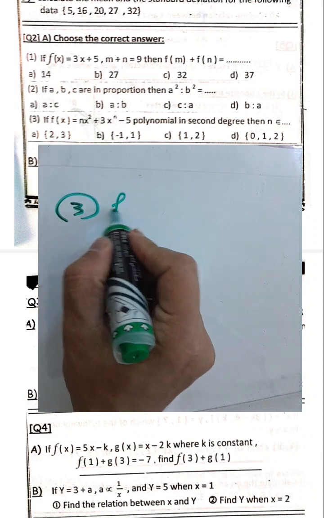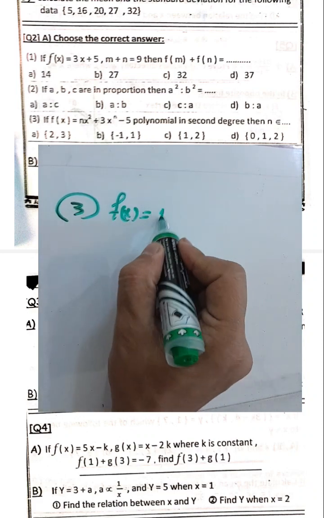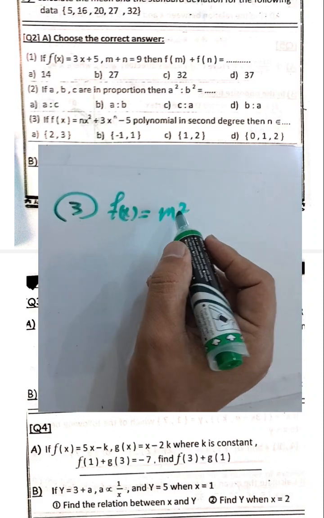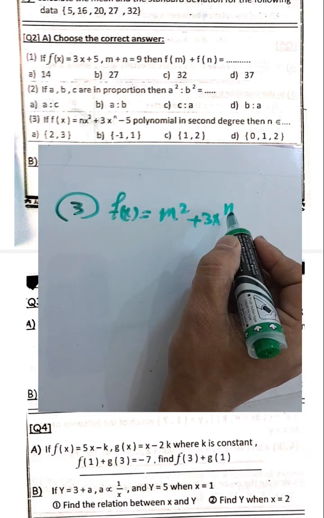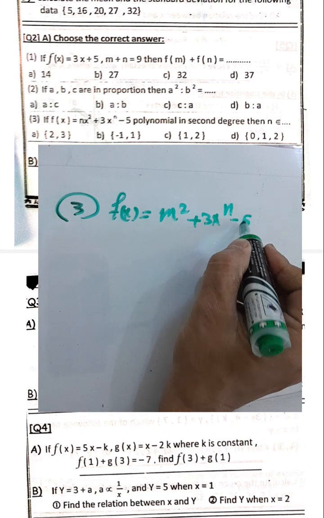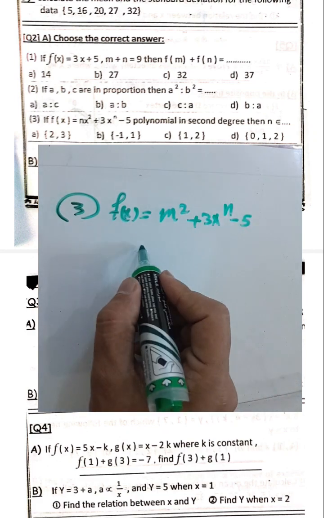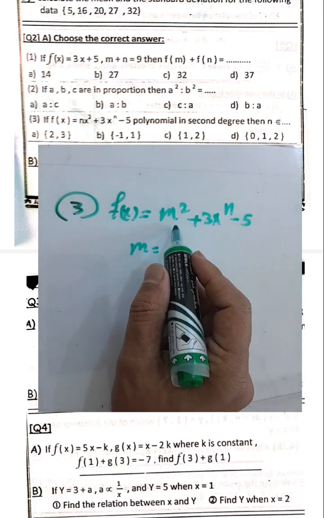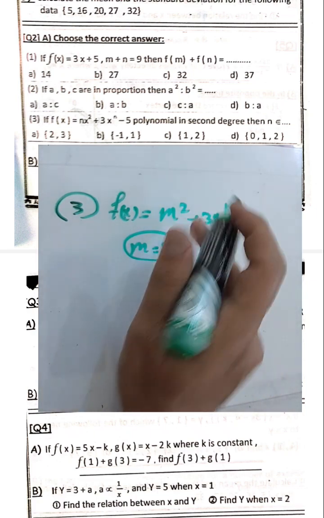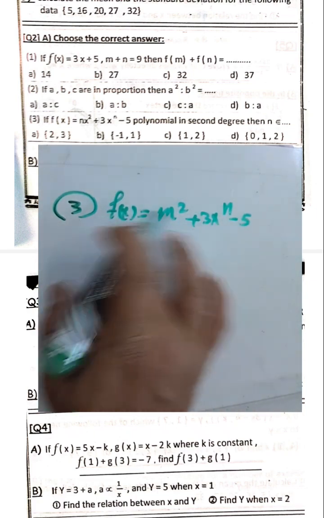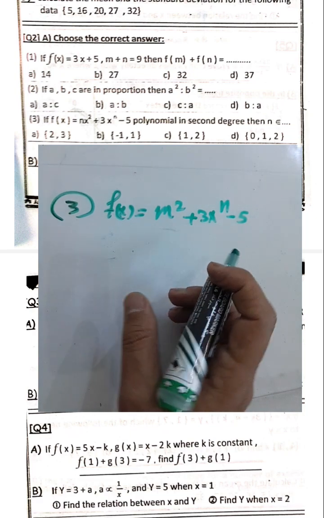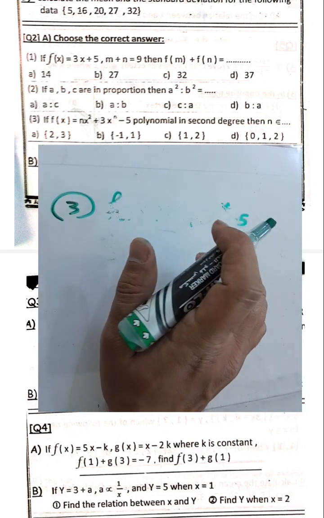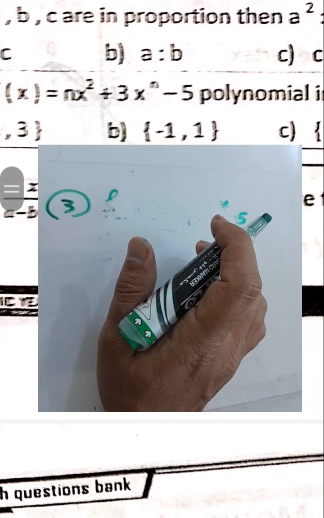If f of x was equal m x squared plus 3x to the power n minus 5, a polynomial in second degree, then m here will be 2, the power here of n was 2. Write this example again: in x squared plus 3x to the power n minus 5, this function here, again, f of x.